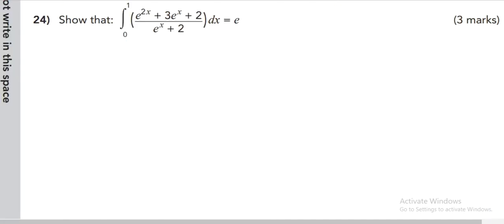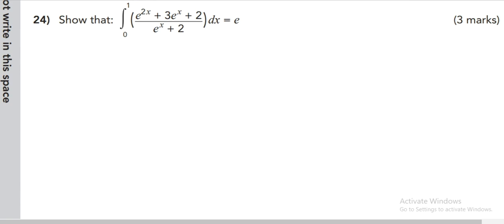Question 24. It says show that the definite integration from 0 to 1 for the expression e to the power 2x plus 3 e to the power of x plus 2 over e to the power of x plus 2 dx equals e. Here in this question there is an important idea. We'll use this idea whatever the form of the question.